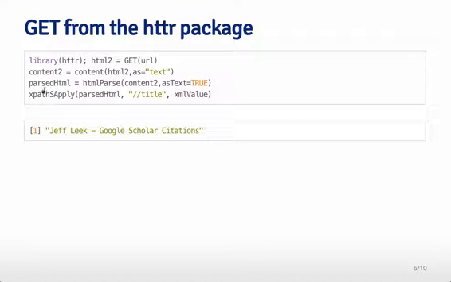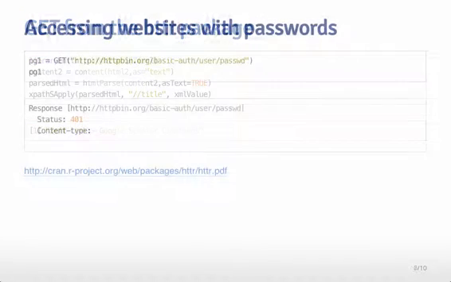And so this parsed HTML is going to look exactly like what I would have got if I had used the XML package to extract the data directly. And so then I can use xpathSApply to extract out the title again of the page like I did before. So that's how you can use GET just to do the exact same sort of exercise that you would have done with the XML package.